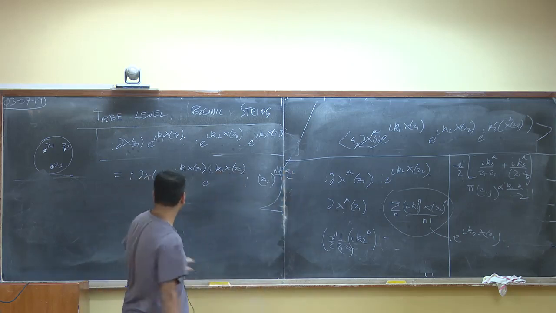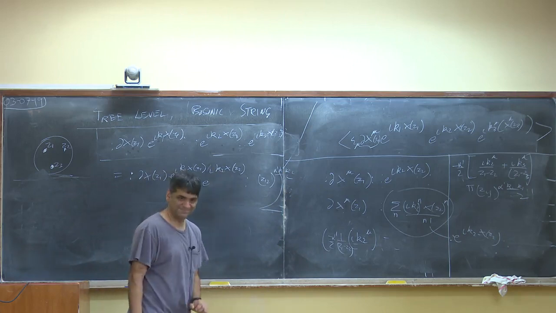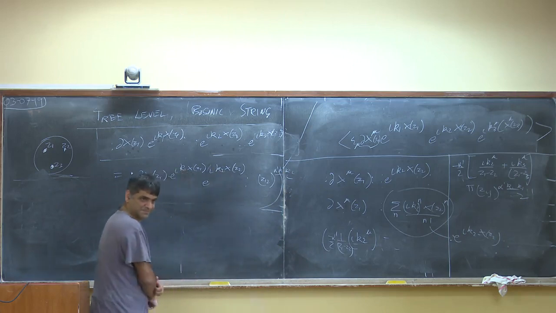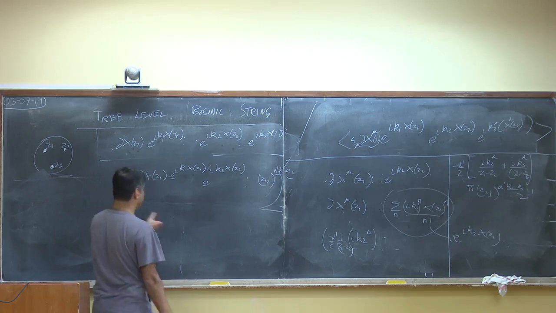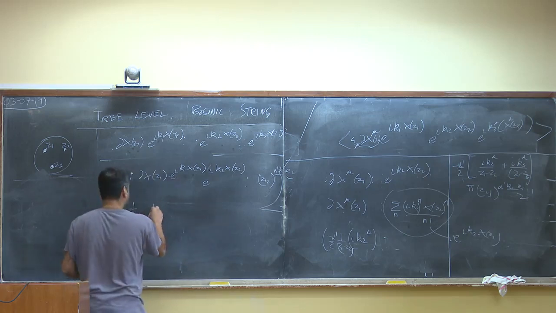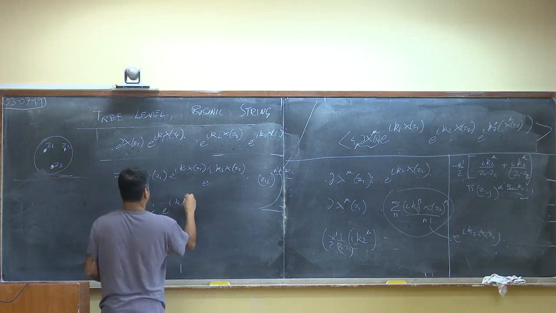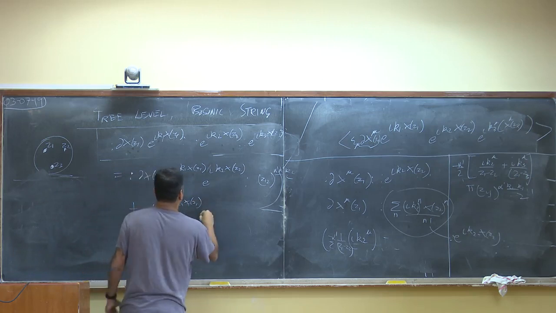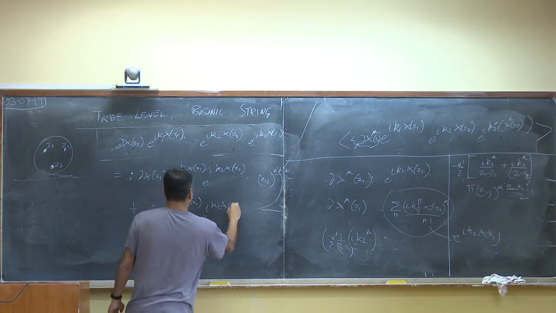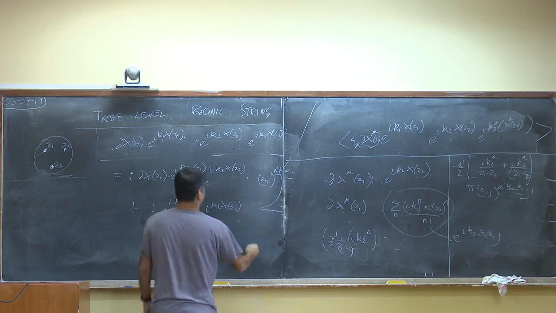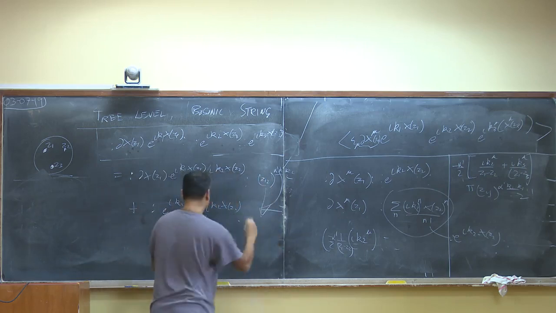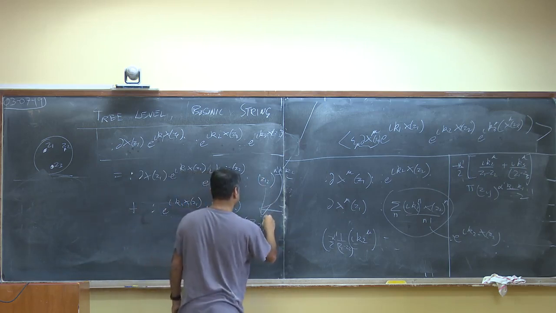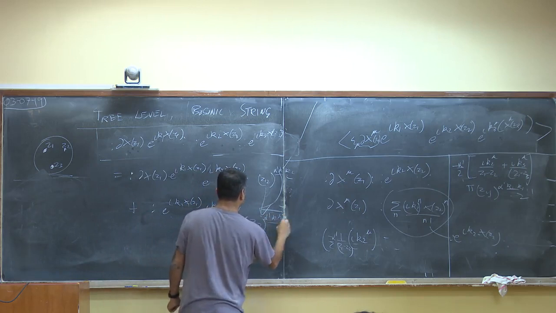That would be one term. This is when all the contractions happened here. But then there will be plus the other term, which is just the normal order of these two, e to the power i k1 x of z1, i k2 x of z2, times this, times this.